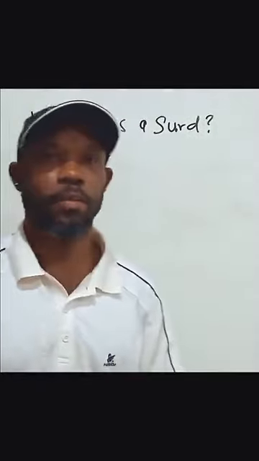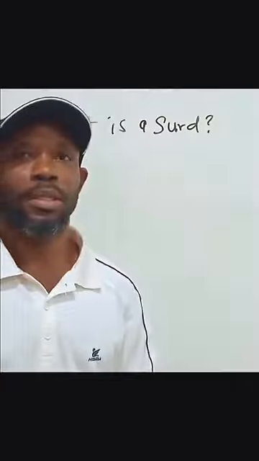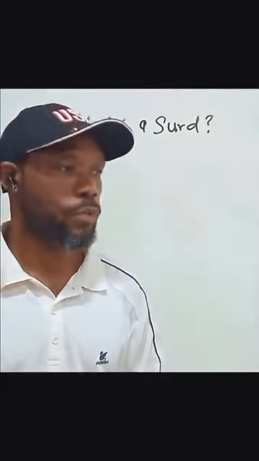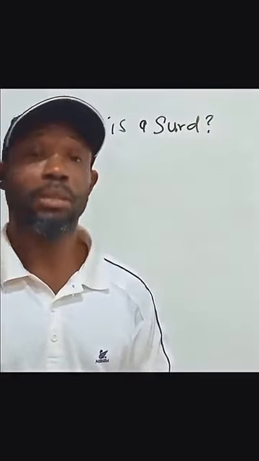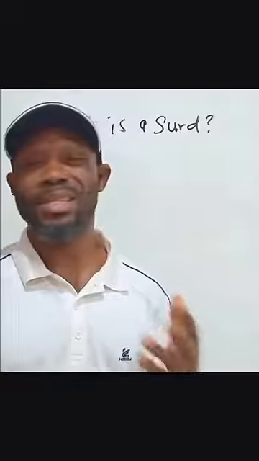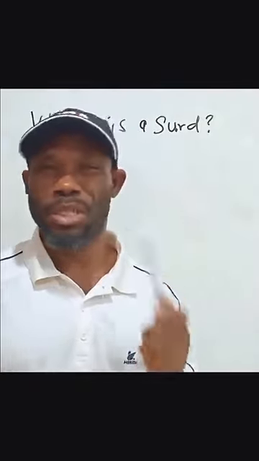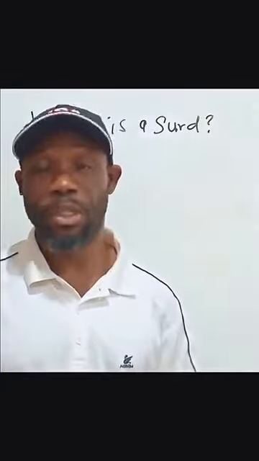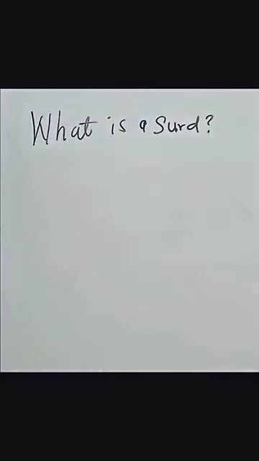Previously, I said that surd is a very common topic in the West African Senior School Certificate Examination, and many students lose easy marks because they don't understand the basics of surds. And so this brings us to the definition of surds. What is a surd? A surd is an irrational root that cannot be expressed as a whole number.